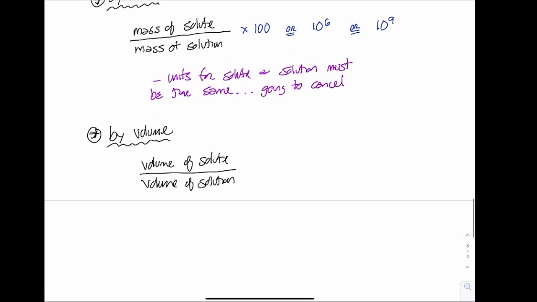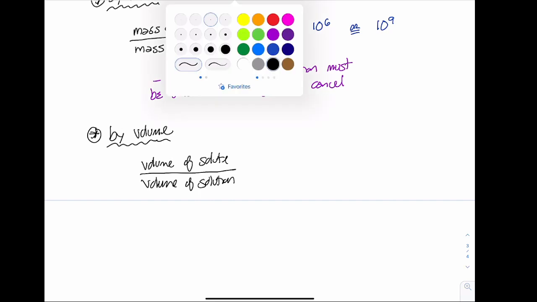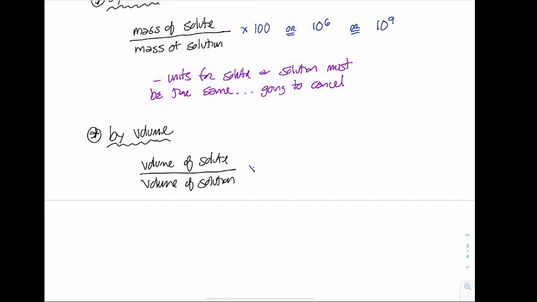If I was to take 50 milliliters of ethanol and combine it with 100 milliliters of water, 50 milliliters goes on the top and 150 milliliters goes on the bottom, right? The total. And then if I want percent, we're going to multiply it by 100. If I want parts per billion, I'm going to multiply it by a billion. Or if I want parts per million, I'm going to multiply it by a million.